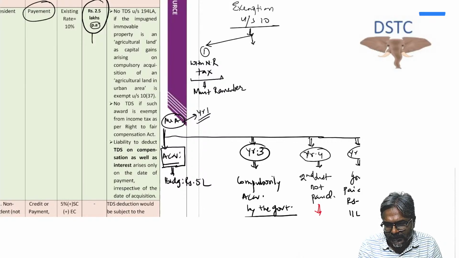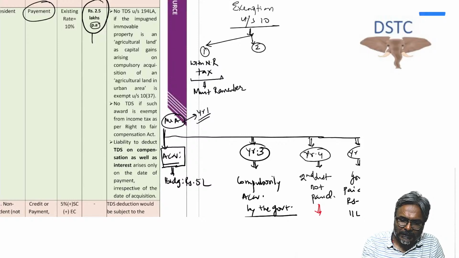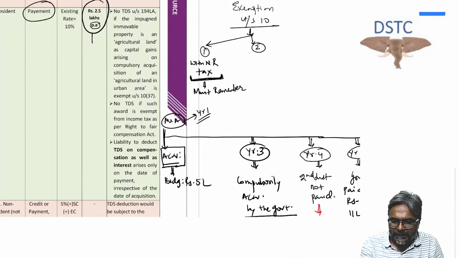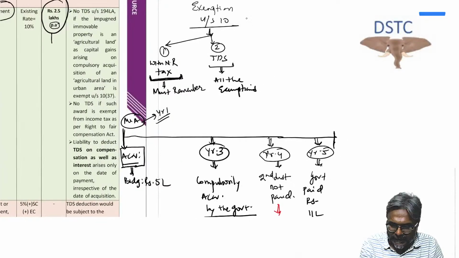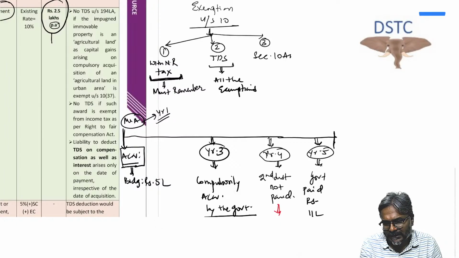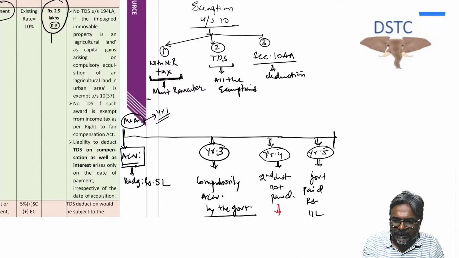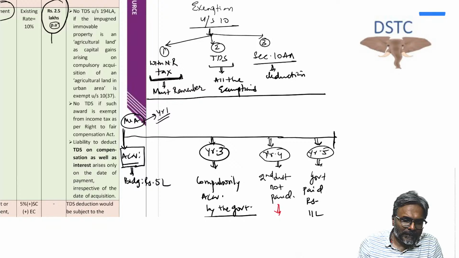The second one is with the TDS, all the exemptions. And the third one is section 10AA. It is not an exemption, but it's a deduction actually, but this is the most important one. These are the only things, students, you need to remember.